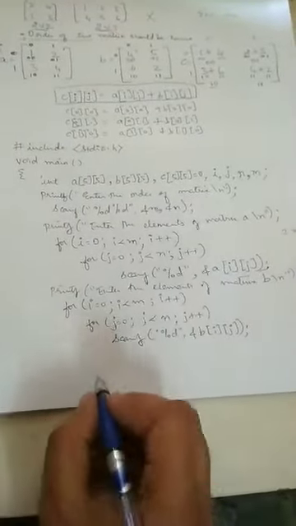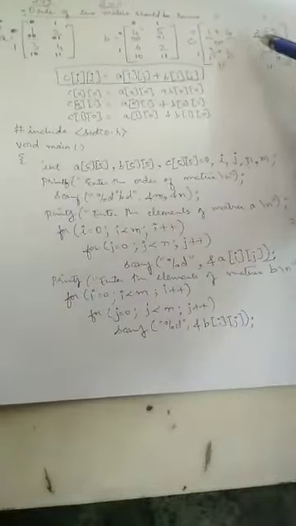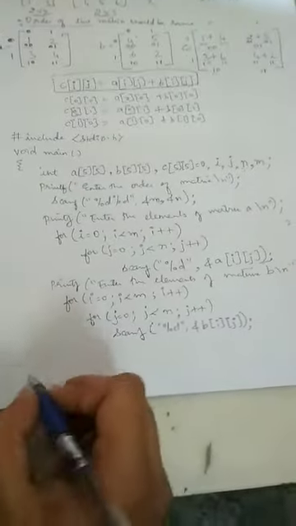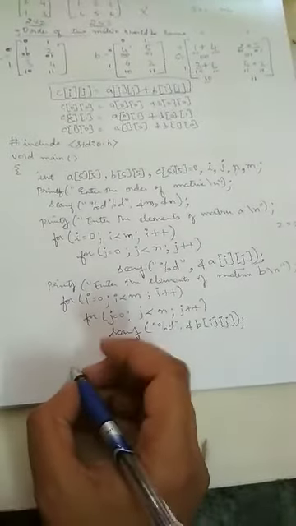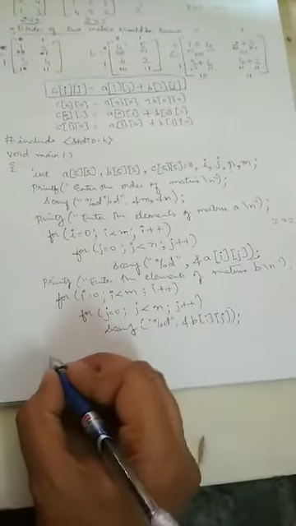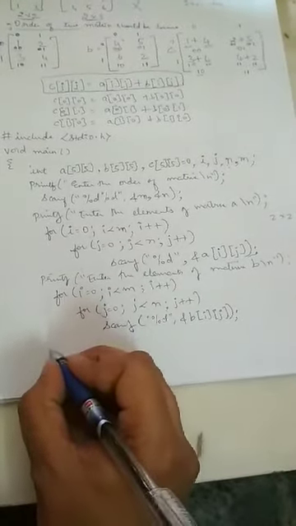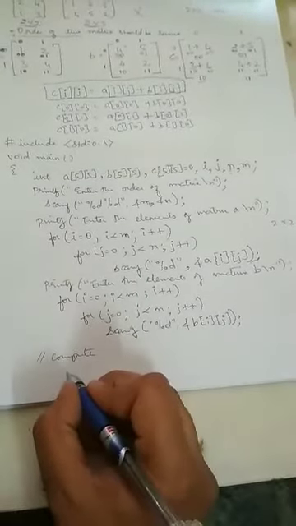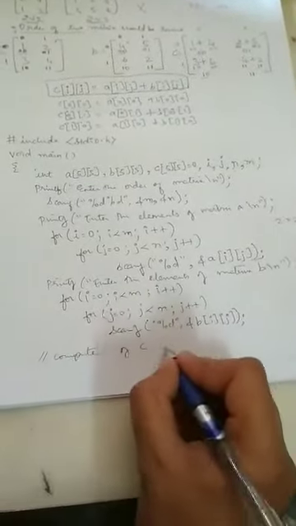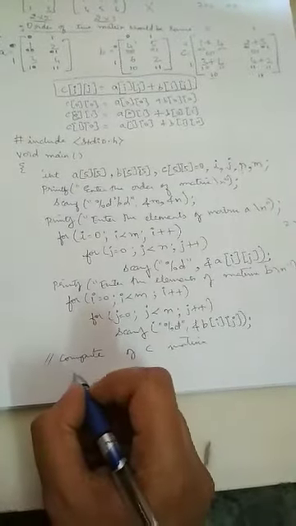Now I have to perform matrix addition. Again, to perform matrix addition and store it in C, we require two for loops, right? Because I have to access both i and j of A and B, and I have to store it in C also. That is, we are going through the rows and columns of C also. So computation of the C matrix, or resultant matrix I can say, we require a for loop.